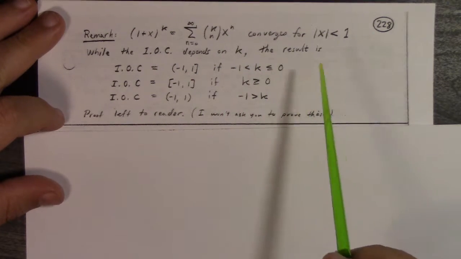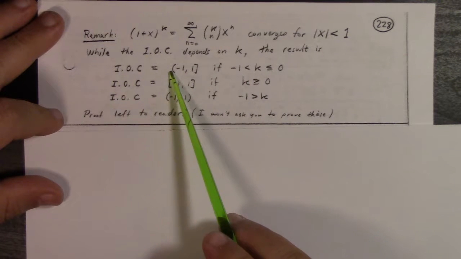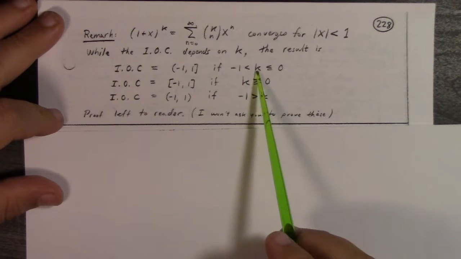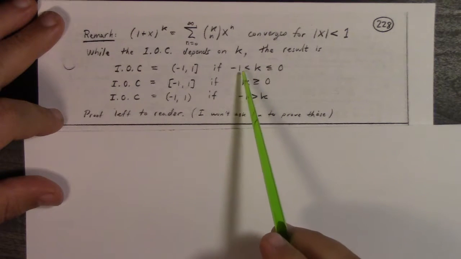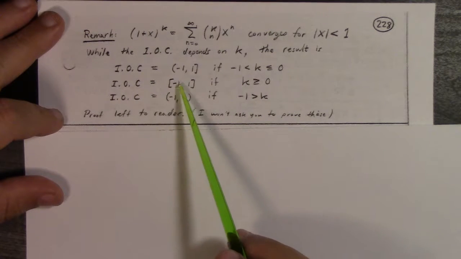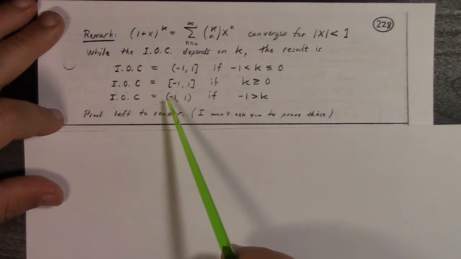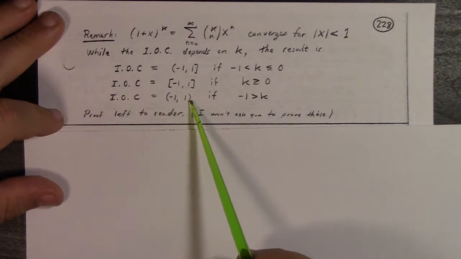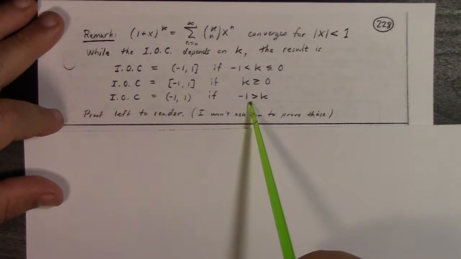In particular, it can be shown that you include the right endpoint but exclude the left endpoint if your k is non-positive but larger than -1. It includes both endpoints if k is non-negative, and it excludes both endpoints if your k is in fact smaller than -1.